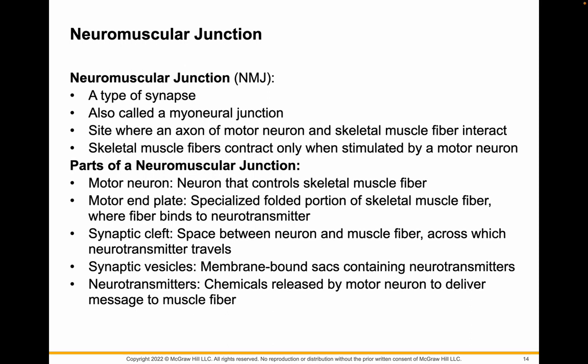And how does all this happen? Well, a neuron tells the muscle to contract, and this is at a neuromuscular junction. And so what happens here is the motor neuron has these vesicles filled with neurotransmitter, and those release that neurotransmitter into the synaptic cleft from those synaptic vesicles, and those bind to the motor end plate.